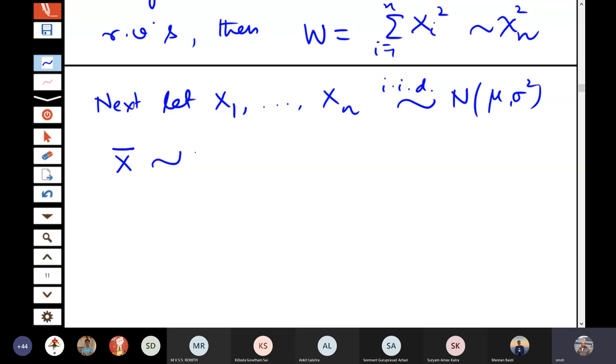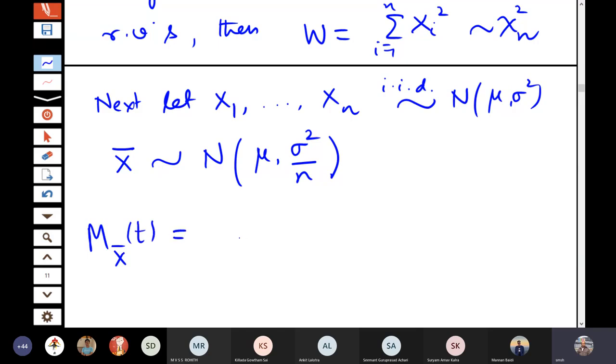By the linearity property, we have proved that x bar follows normal mu, sigma square by n. So what is the moment generating function of x bar? That will be e to the power mu t plus half sigma square t square, because sigma square has become sigma square by n, so it will be written like this.